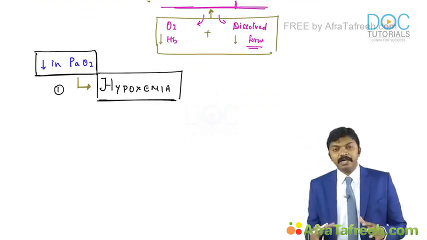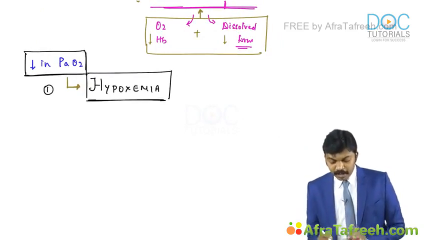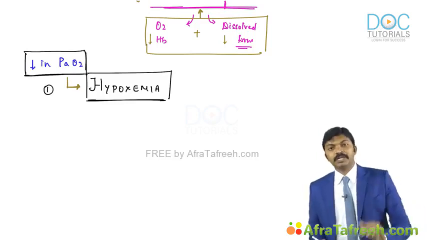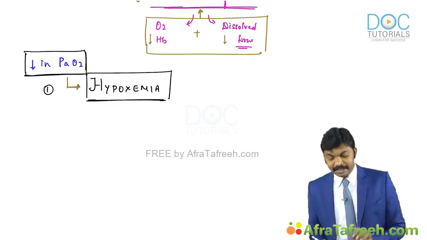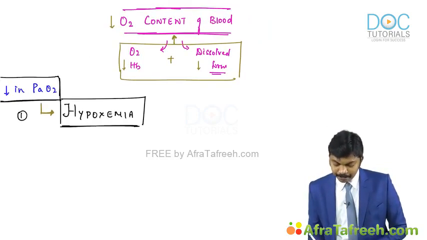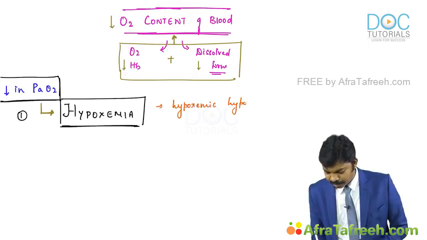Let us expand hypoxemia in a separate discussion, but as of now just get to know this. Reduction in arterial oxygen tension leading to reduction in arterial oxygen content is called hypoxemic hypoxia. So this leads to hypoxemic hypoxia.